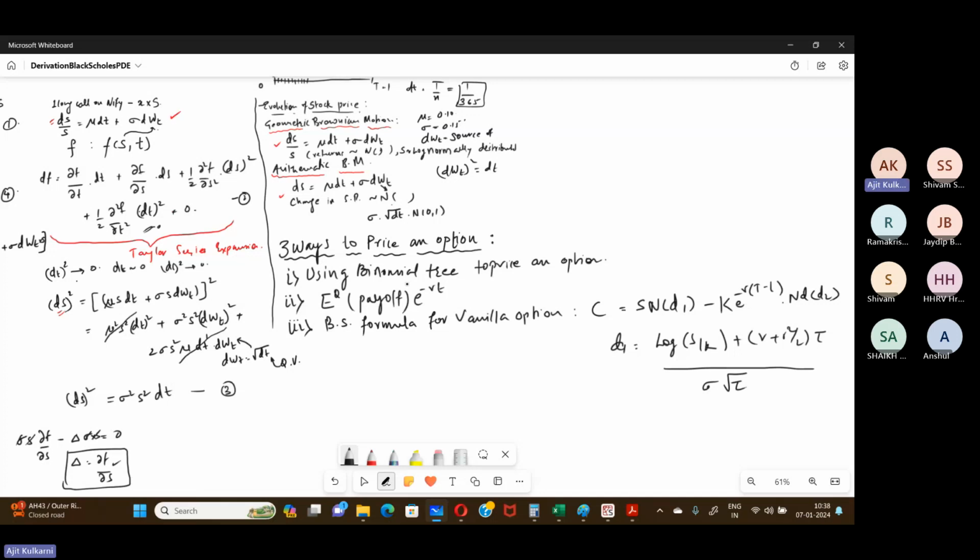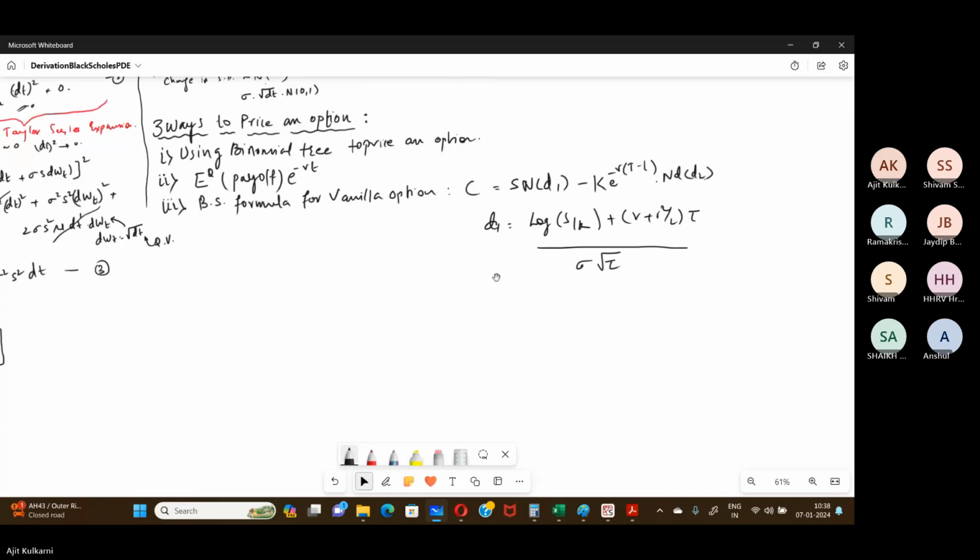And d2 is equal to d1 minus sigma square root of tau. So if you put all the values of S, K, r, sigma, time to expiry, and use this cumulative normal distribution function, you can directly find the price of an option.